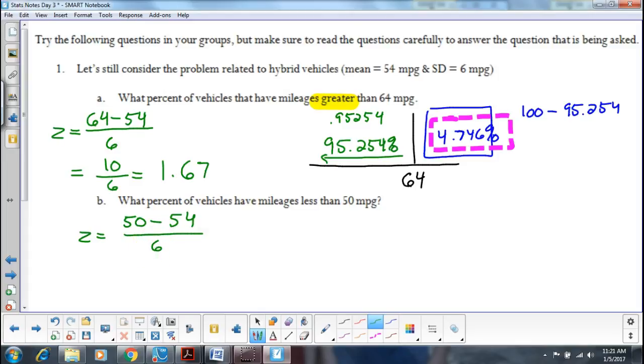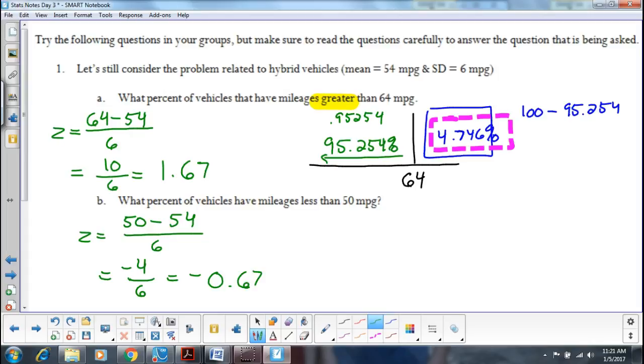So I get a z-score for part B of -4/6, which is negative 0.67, yes?